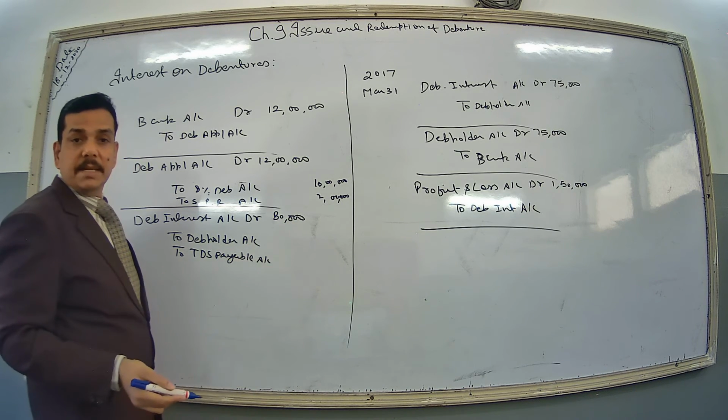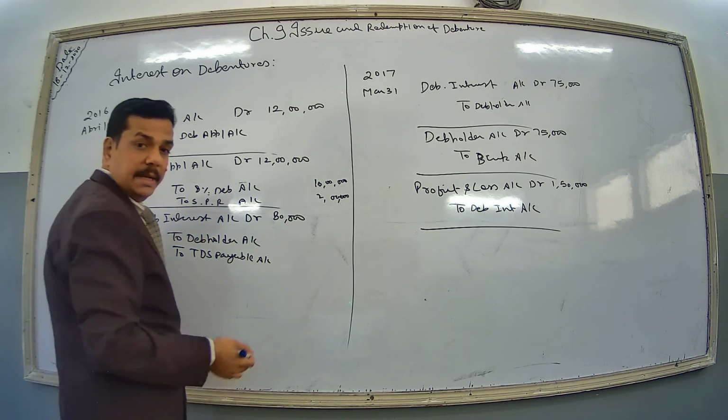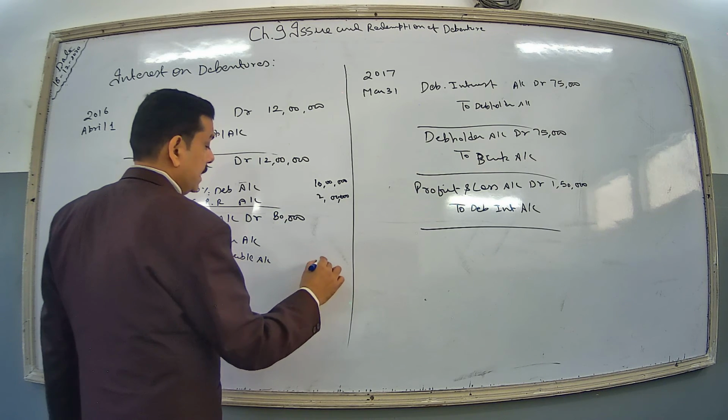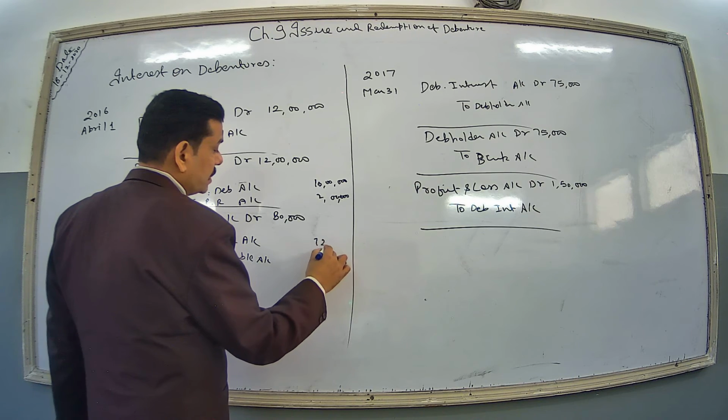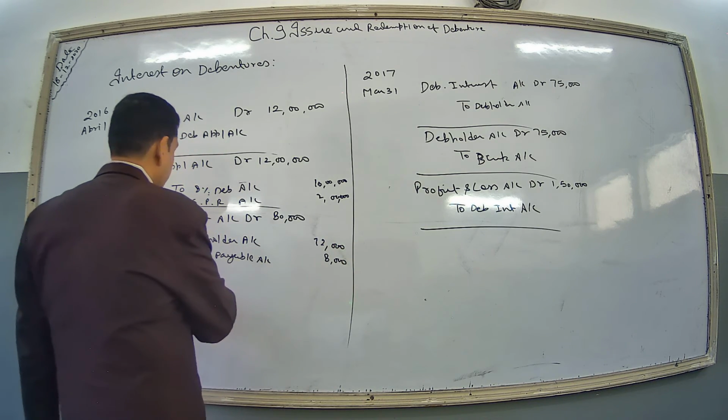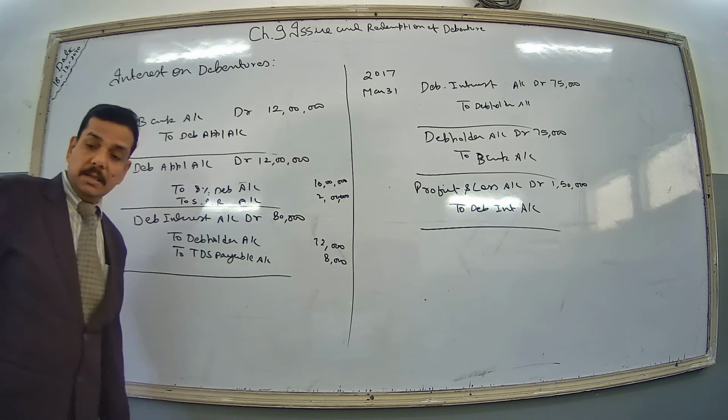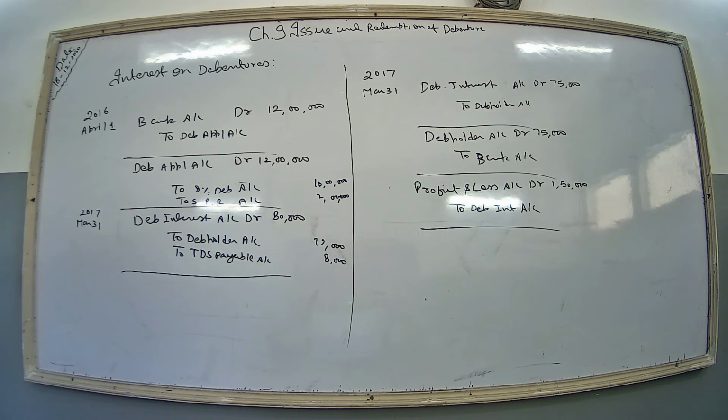Now out of this 80,000, 10% is the amount of TDS payable. So 8,000 will be TDS out of this 80,000, and 72,000 will be the amount of interest payable. Okay. In this way the entry is passed.